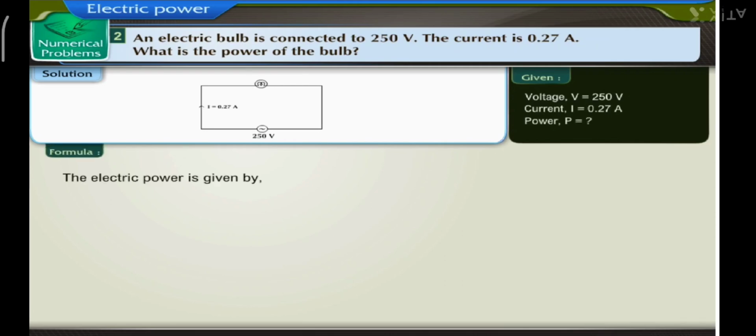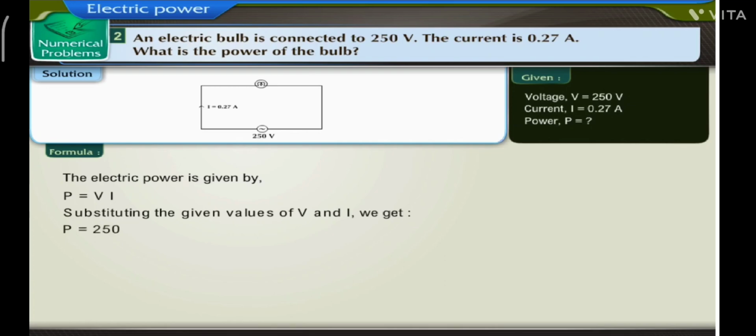The power rating of the bulb is given by P is equal to VI. Substituting given values of V and I, we get P is equal to 250 multiplied by 0.27. Therefore, P is equal to 67.5 watt. Therefore, the power of the bulb is 67.5 watt.